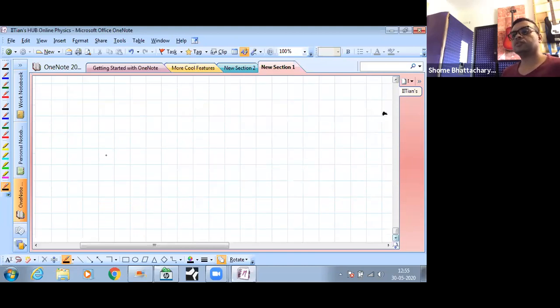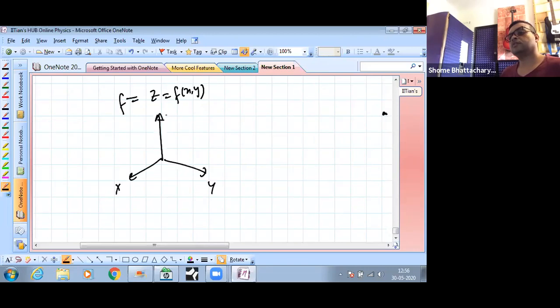Suppose you do a three-dimensional system where your function is the z coordinate, a function of x and y. So now you draw your three-dimensional system x, y, z like this.